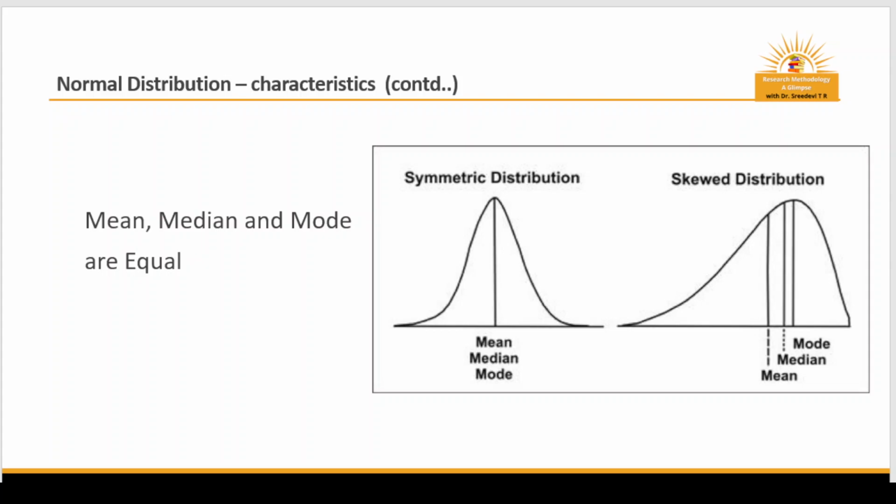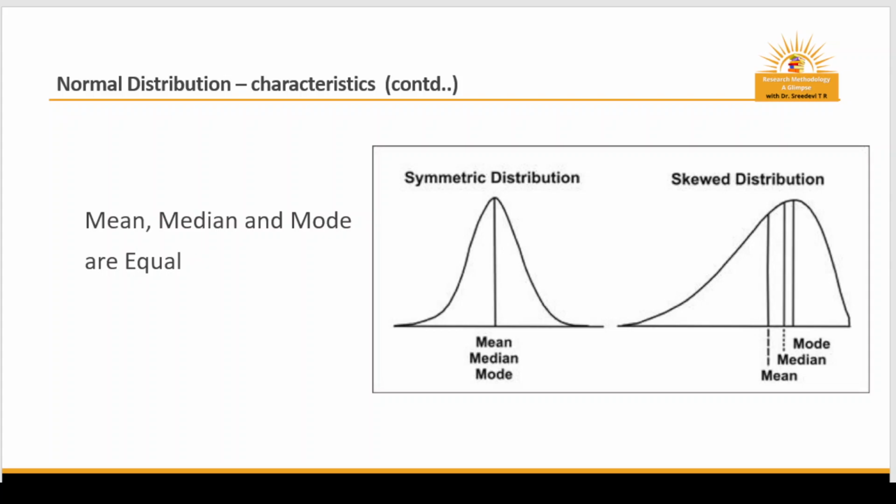That is, most observations lie at the midpoint. Here, all three measures of central tendency fall: mean, median and mode. These measures are equal in normal distribution. That's why it is a symmetric distribution.